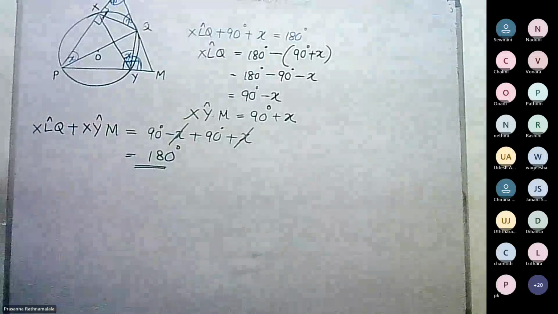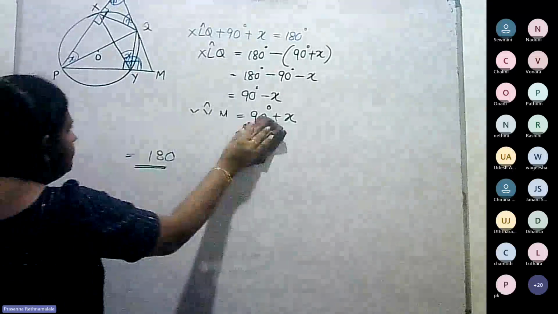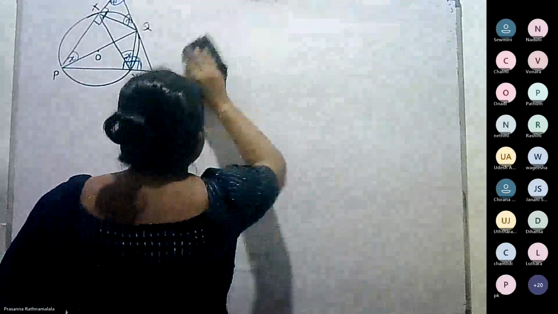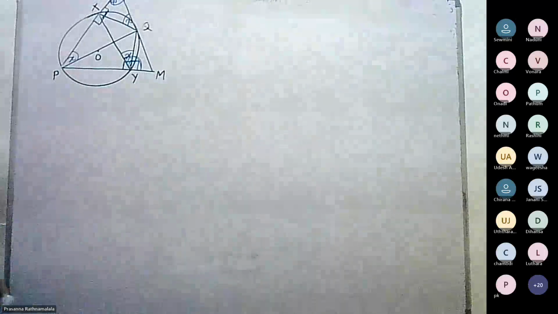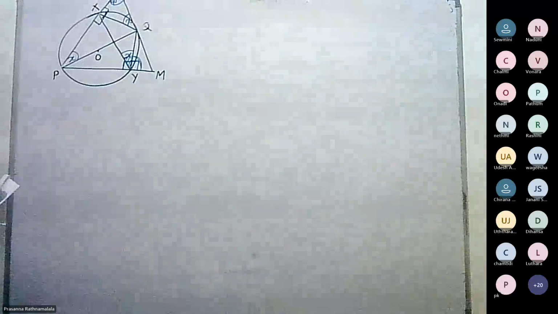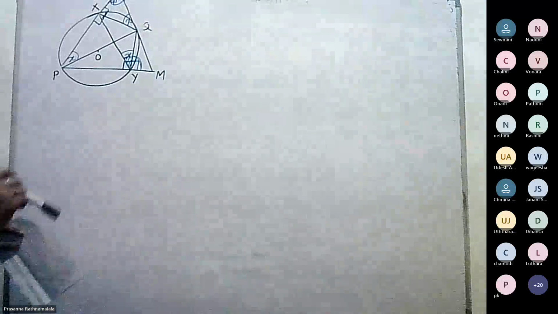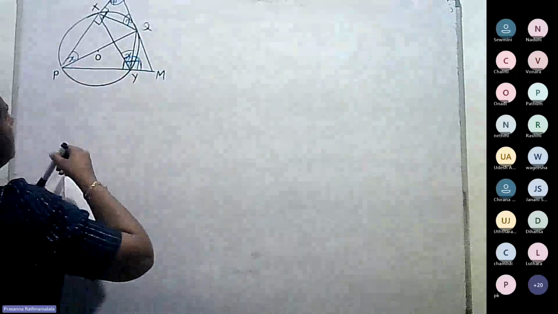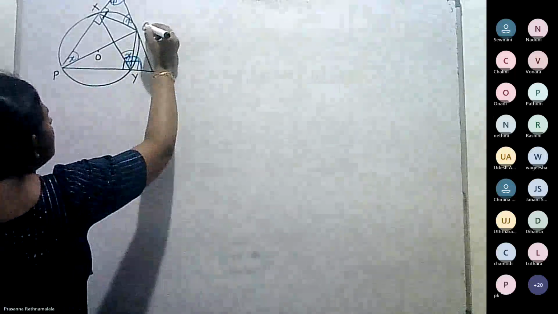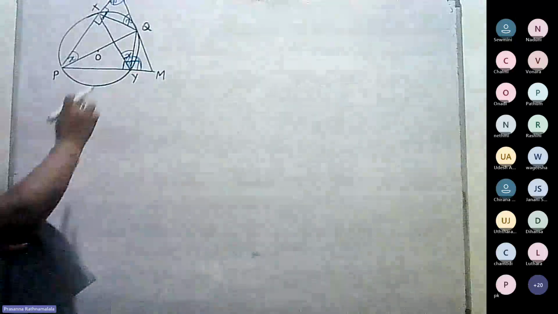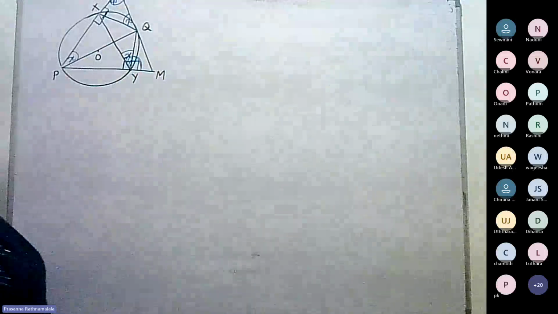Right. Now what is the second one? Show that PQM and QYM are equiangular.